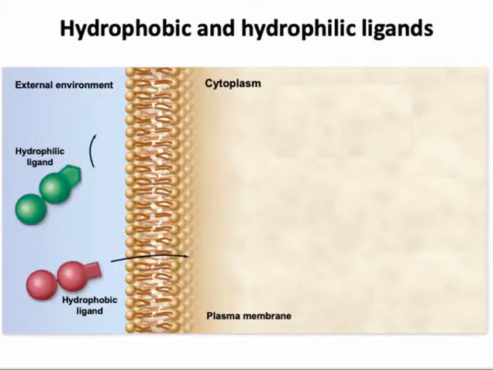The difference between these two is that hydrophilic molecules cannot cross the plasma membrane. They cannot enter the cell unless they have some help, while hydrophobic molecules can cross the plasma membrane and enter the cell without any special proteins.